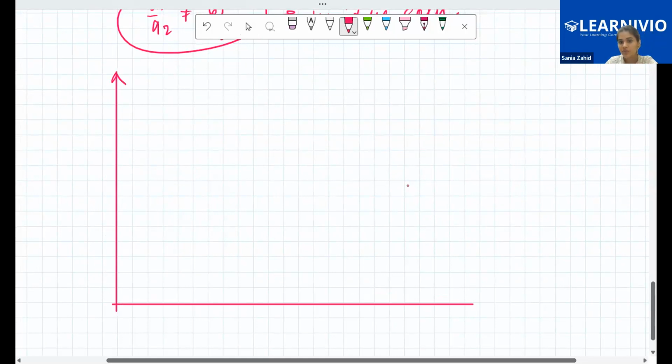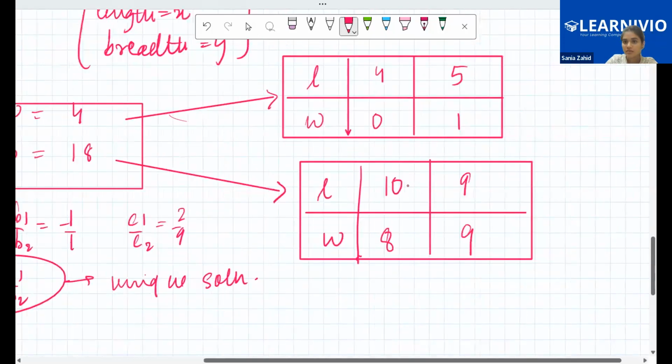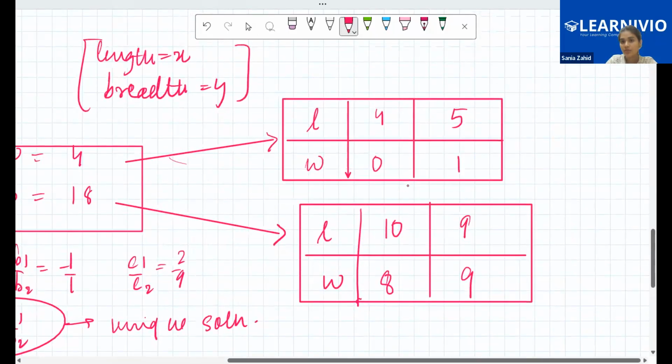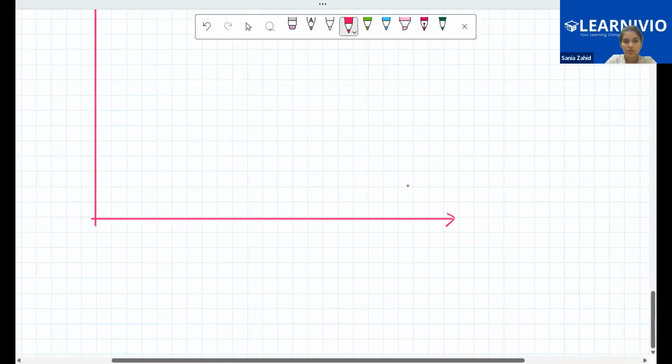What is the highest value for the x-axis given? What should be the highest value here? 10. 10, exactly. So I will draw till 10.